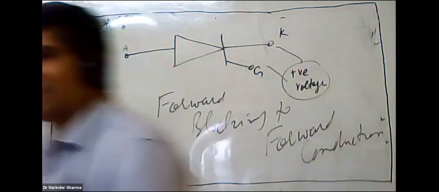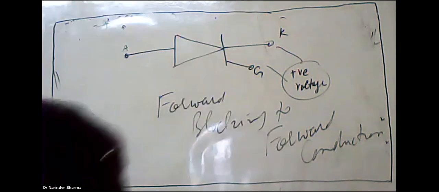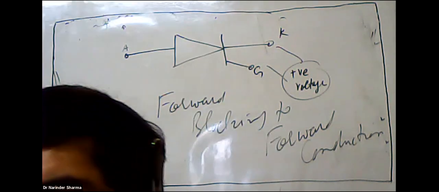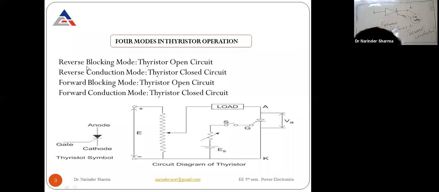So we must get familiarized with the four modes. What are they? Forward blocking mode, forward conduction mode, reverse blocking mode, and reverse conduction mode. Here you can see the four modes on your screen. Reverse blocking mode means thyristor open circuit. Reverse conduction mode means thyristor closed circuit.